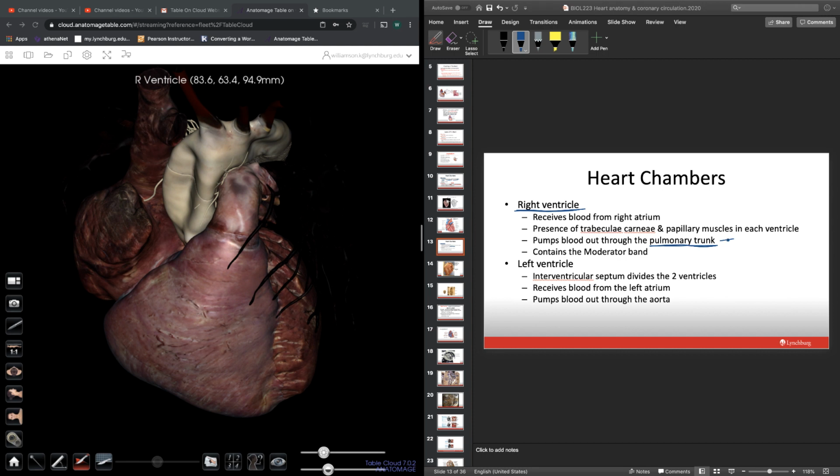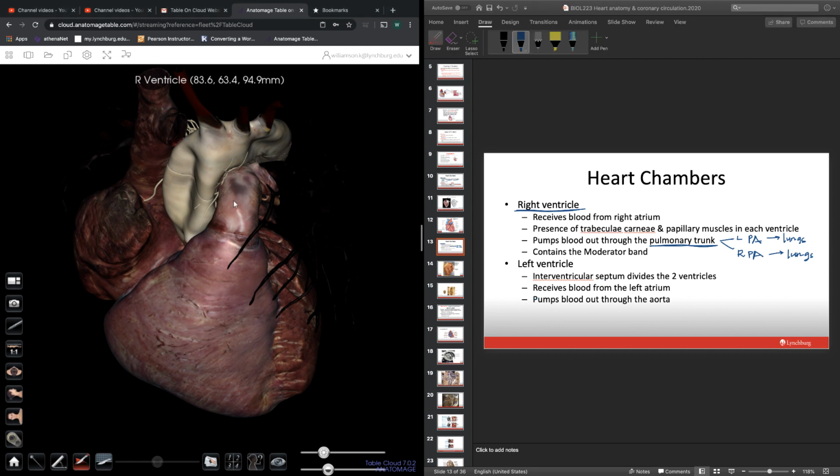The pulmonary trunk is going to end up bifurcating into a left pulmonary artery and a right pulmonary artery. These are going to head to the lungs where they're going to pick up oxygen. Okay, so at this point we have deoxygenated blood that's leaving the heart.